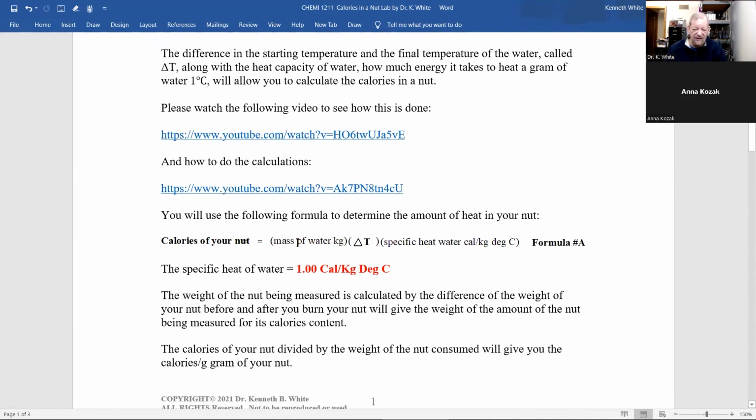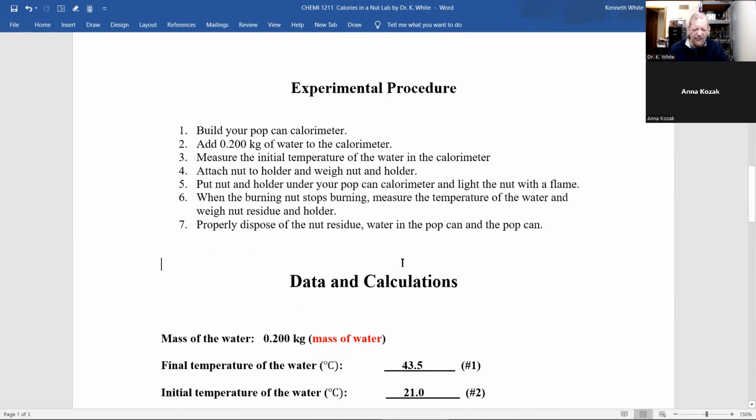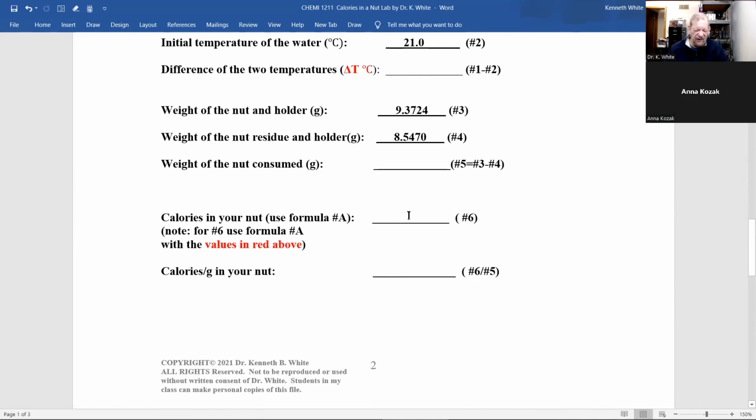So the mass you'll calculate in kilograms, which I give you, delta T you have to calculate, and here's the specific heat of water. You'll do this calculation, and that is number 6. Now, your calories per gram in your nut is number 6 divided by number 5.